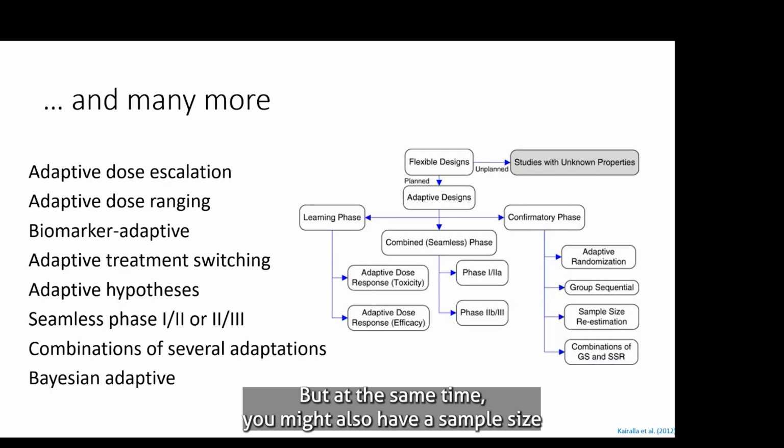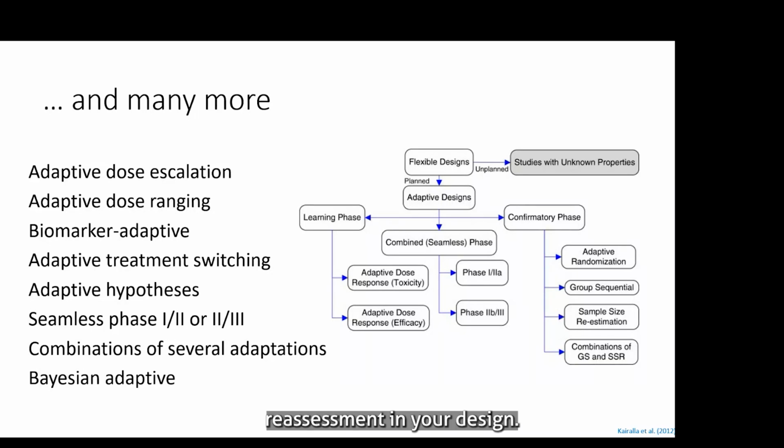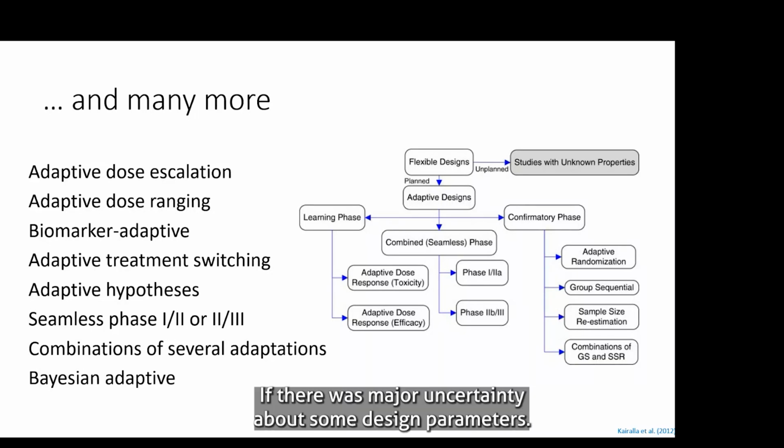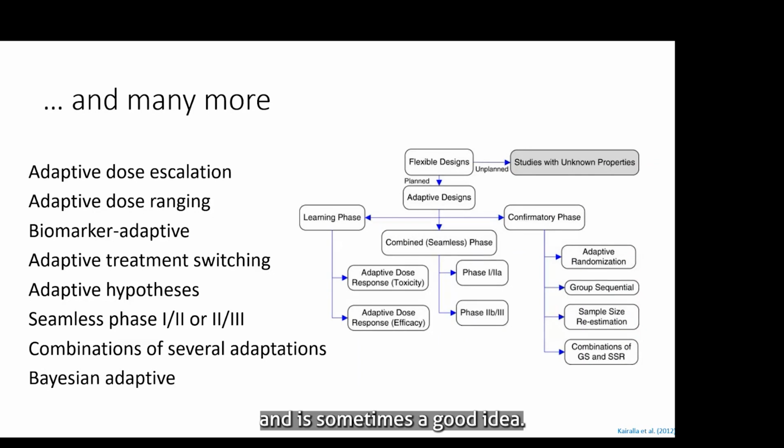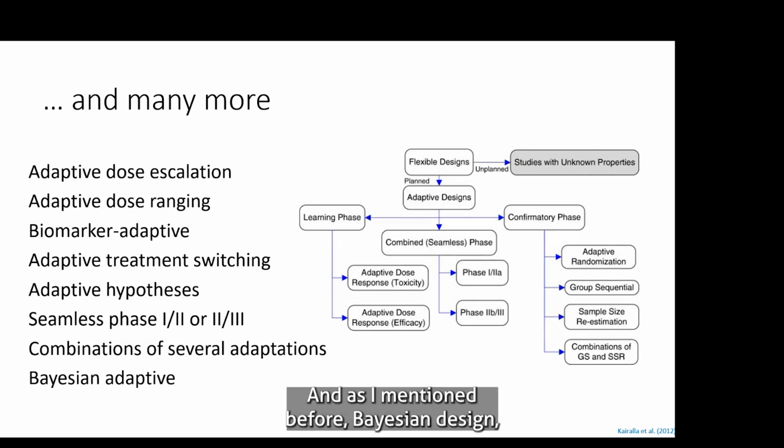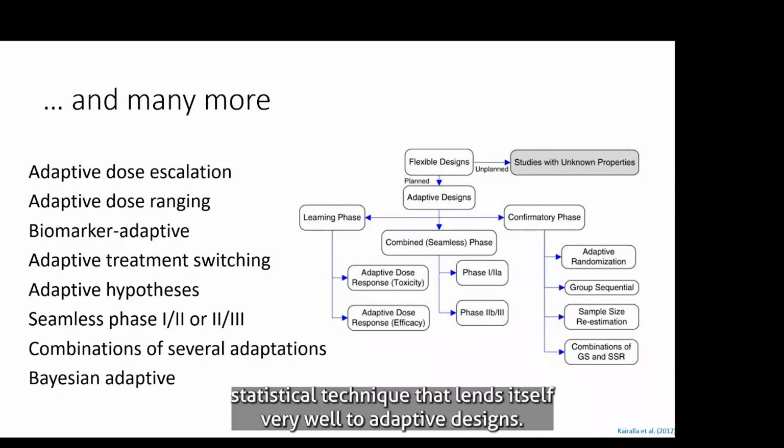But at the same time, you might also have a sample size reassessment in your design if there was major uncertainty about some design parameters. So combining some, that is a few, not as many as you possibly can, is sometimes a good idea. And as I mentioned before, Bayesian designs, which I will not go into in detail today, are also one type of statistical technique that lends itself very well to adaptive designs.